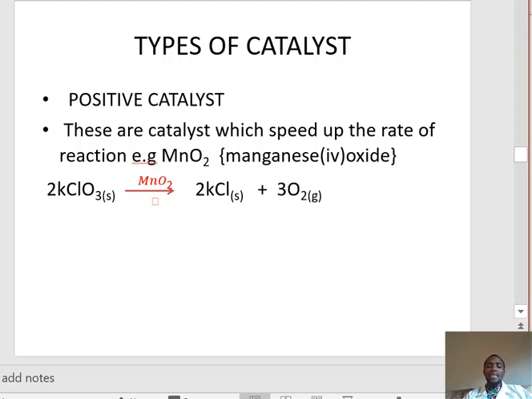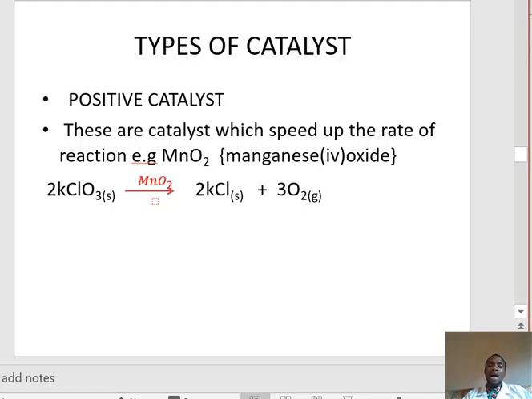When you look at the decomposition of potassium trioxochlorate(V) to give us oxygen and potassium chloride, this reaction is very slow, but its rate can be increased by adding a little manganese(IV) oxide, which speeds up the reaction and makes us attain it in limited time.